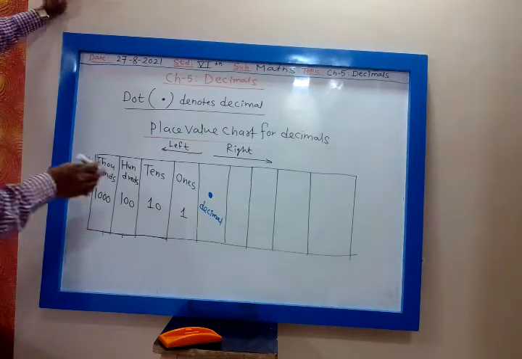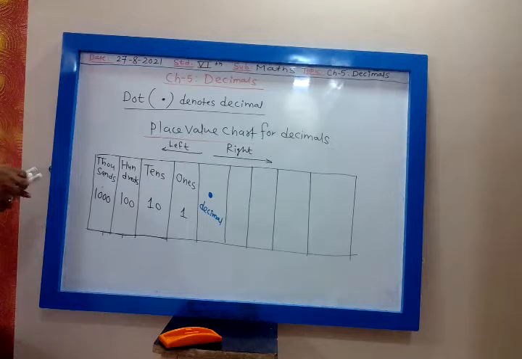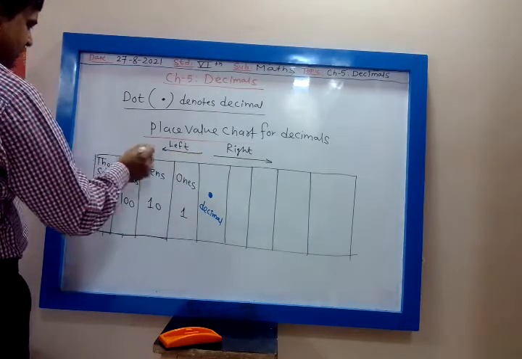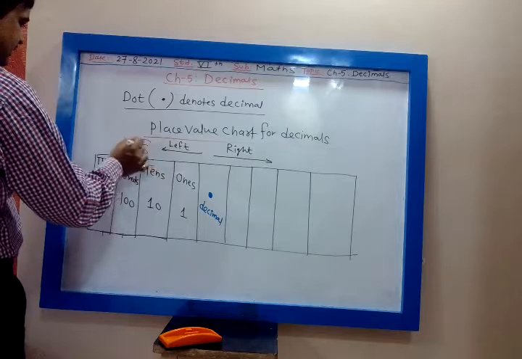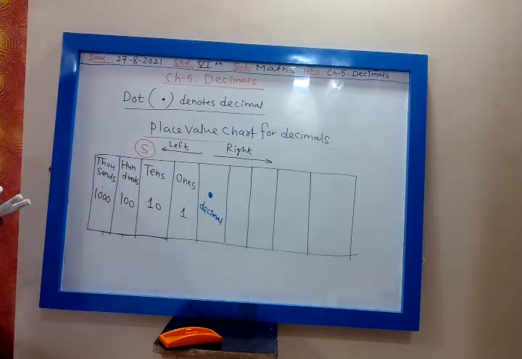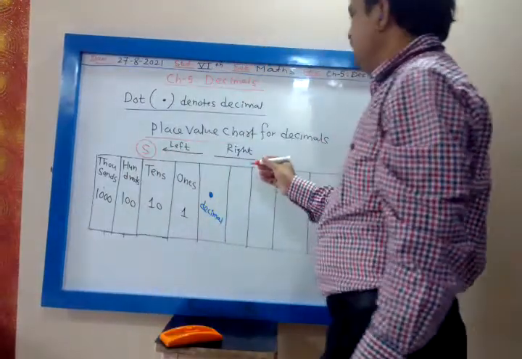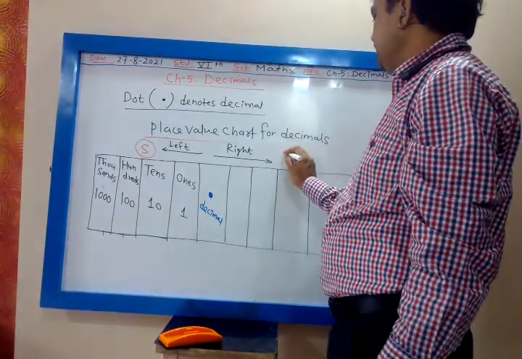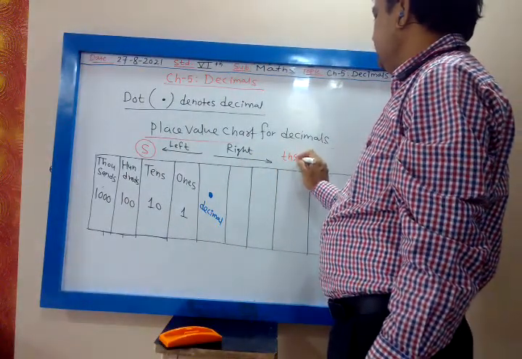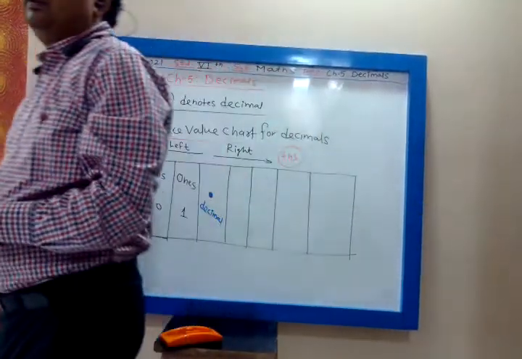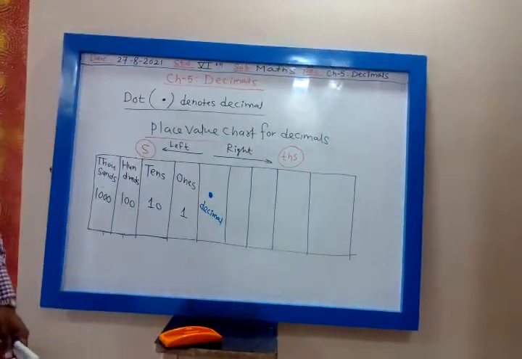Okay. So from decimal to the left side we write S, and from decimal to the right side we write THS. That is the suffix which you have to use.